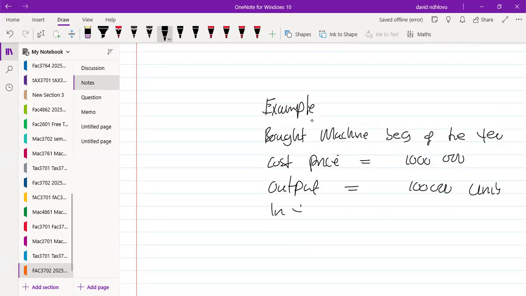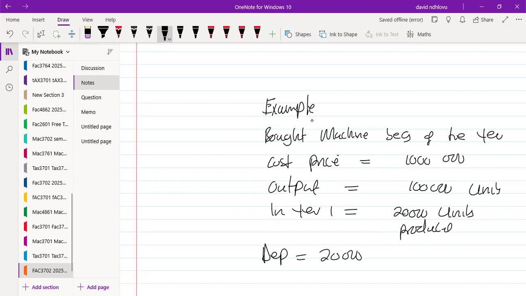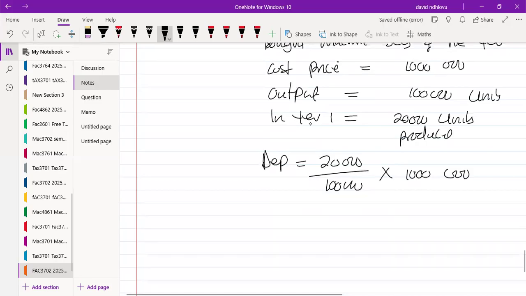In year one, let's say 20,000 units were produced. So your depreciation here will therefore be 20,000 units produced over the total of 100,000 units, multiplied by the value of the asset. And the answer will be your depreciation, which is 200,000.